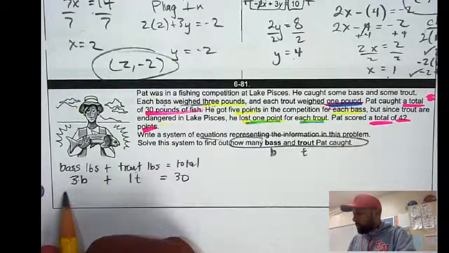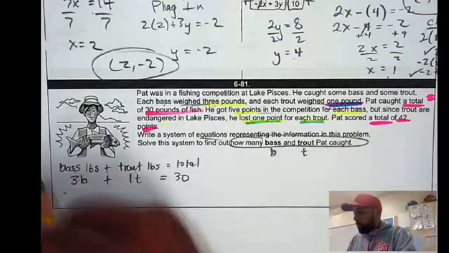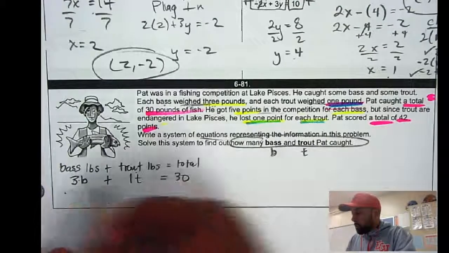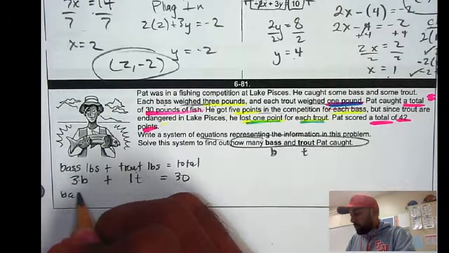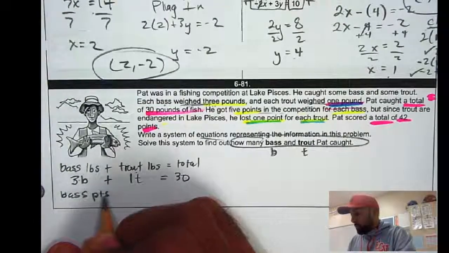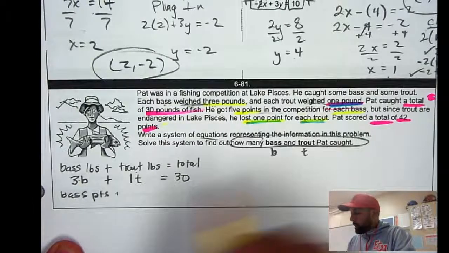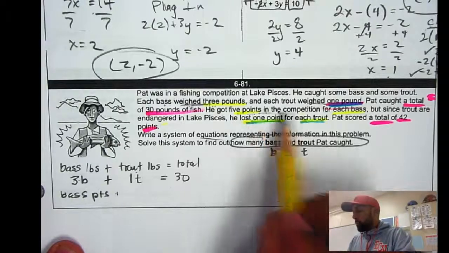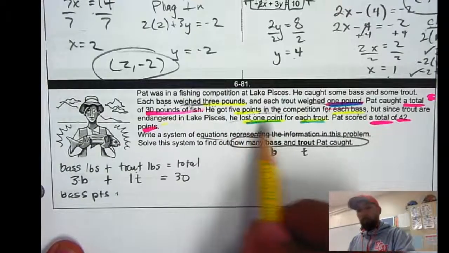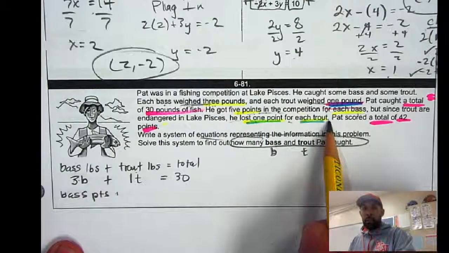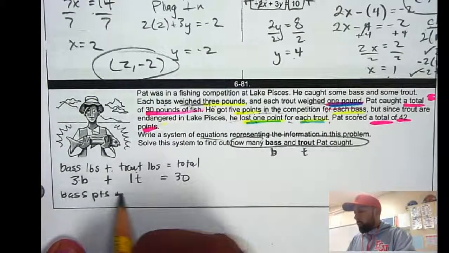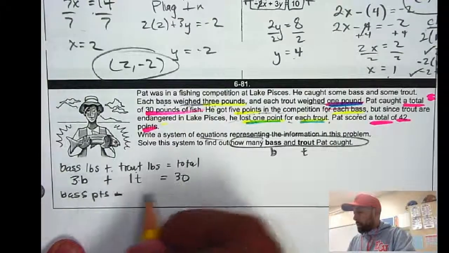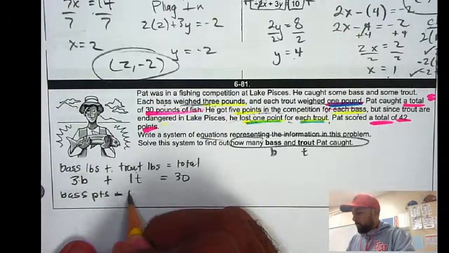Okay, so now our next equation probably comes from the points. Okay, so the points, bass points. Now it says he got 5 points for each bass, but then he lost points for trout because they're endangered. So we're not adding the trout points, we're subtracting them because you lose points for that.